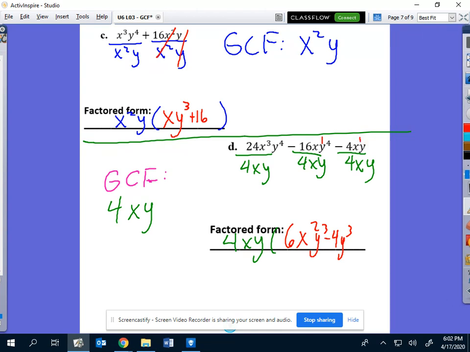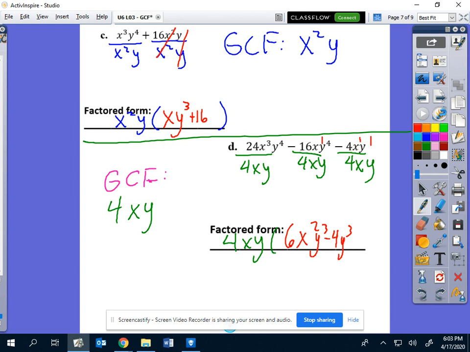Same goes for the y. Only one y to the first, so that's why it's 4xy. Now notice, when we divide by 4xy, we get 6x squared y cubed, and then negative 4y to the third because these x's cancel each other out.